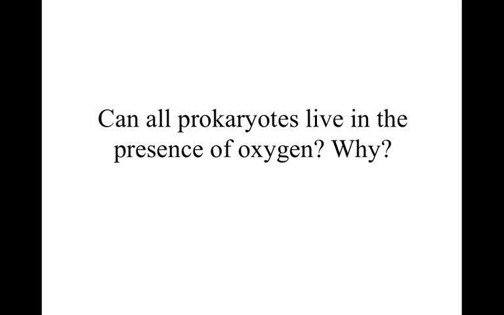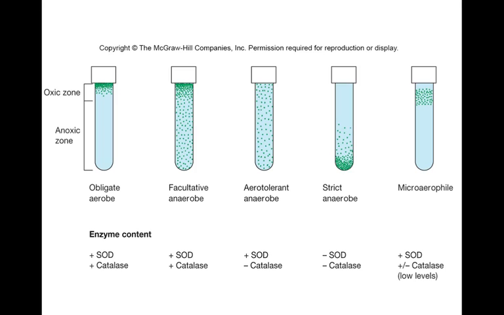Can all prokaryotes live in the presence of oxygen? Why or why not? So we talked about a few examples of prokaryotes and how they live with or without oxygen and the names that we would call them. So if there's a microbe that has to grow in oxygen, we would call it an obligate aerobe.